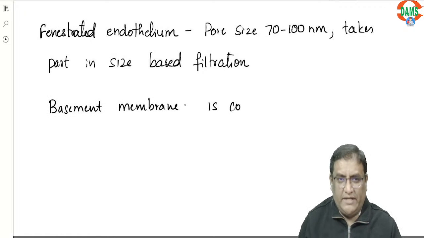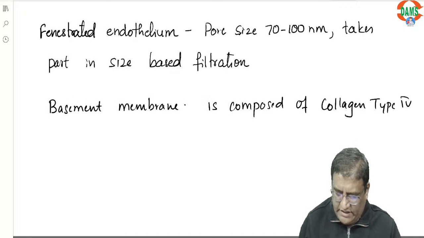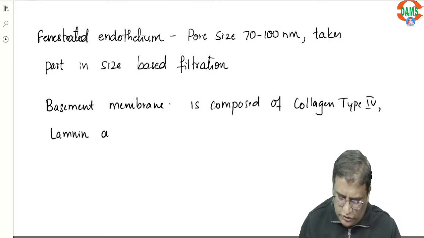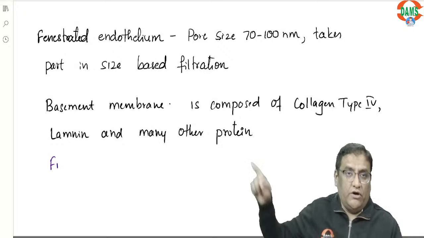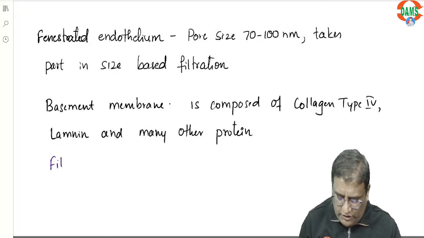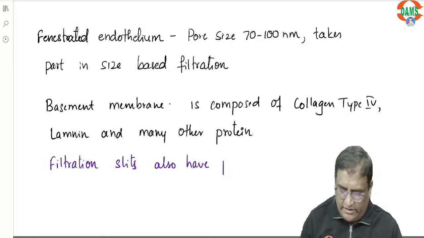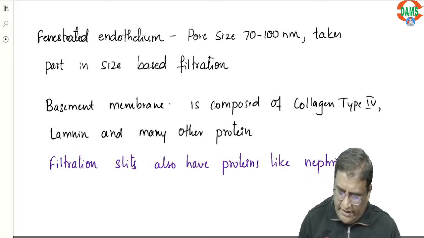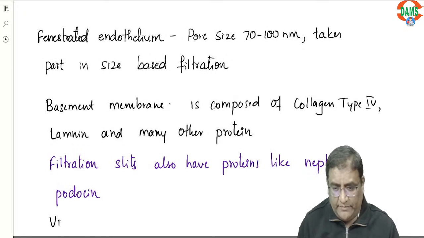Now similarly, there is the basement membrane. The basement membrane is composed of collagen. Which collagen? Type 4 collagen. Then it is also made up of laminin and many other proteins. And then filtration slits are also there. These filtration slits also have many proteins, like nephrin, podocin, alpha actinin, so many are there.